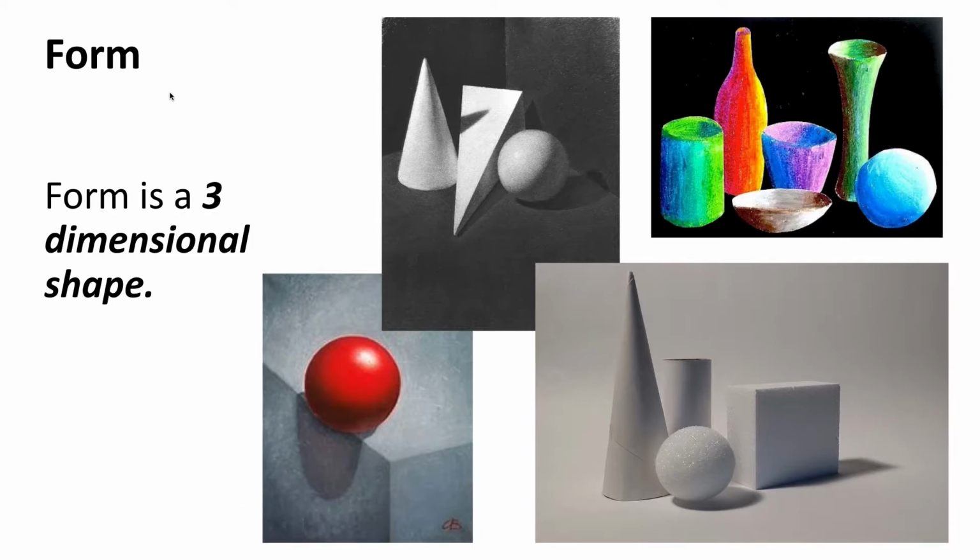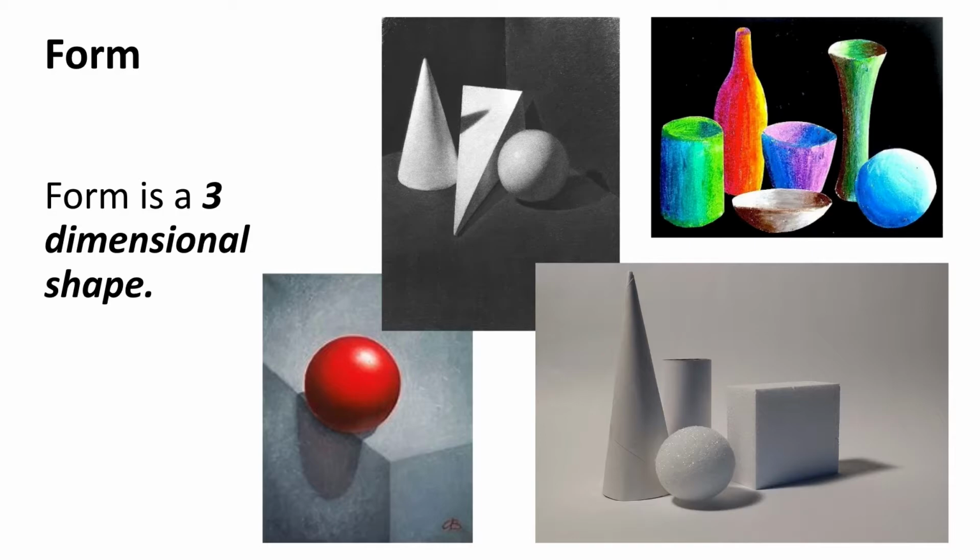Now, form is like shape, but it is three-dimensional. So if you look at that red circle, or we would call that a sphere, it is an illusion of three-dimensional shape, because it has the height, it has the width, but it also has depth.